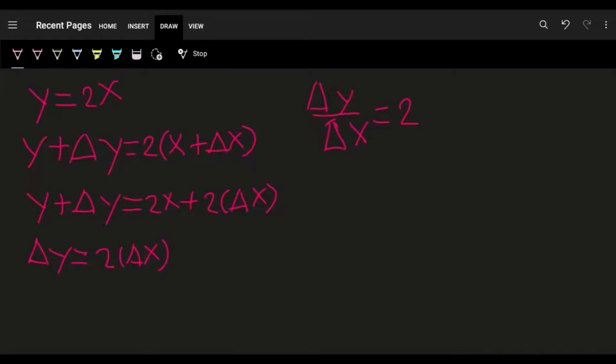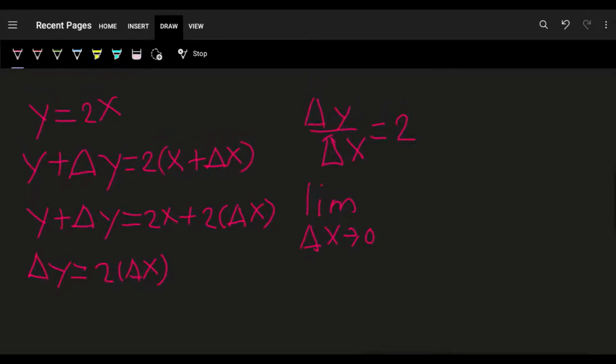While it's already matching what the power rule says and what the formal definition of the limit says, we still have to take the limit as delta x approaches 0. This is because we want the point of tangency, not just any delta x or delta y.